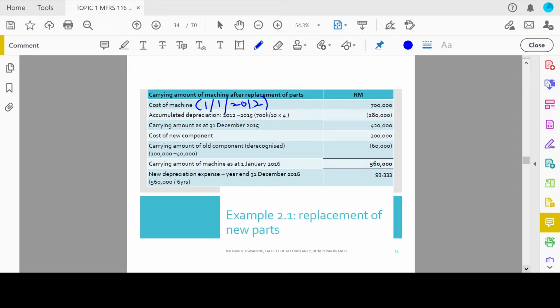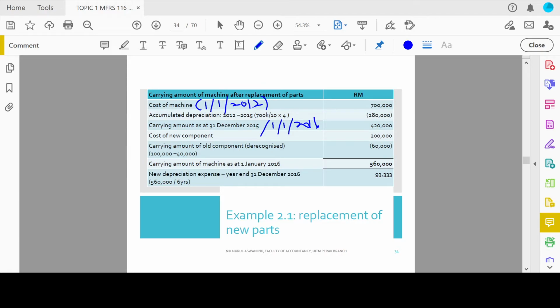But the transaction that we have to take into account for this question is the carrying amount as at 1st January 2016, because that is the date when the replacement took place. Meaning we have to find the carrying amount at 31st December 2015, which could be the same as 1st January 2016. The one that we're looking for here is the carrying amount before the replacement took place.